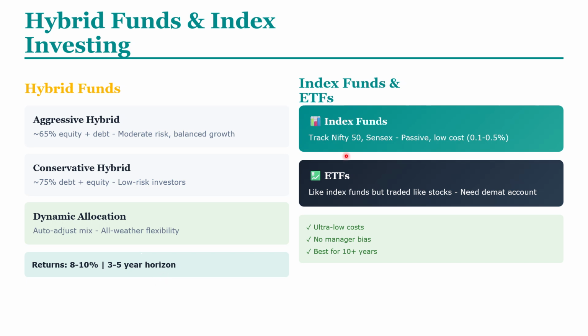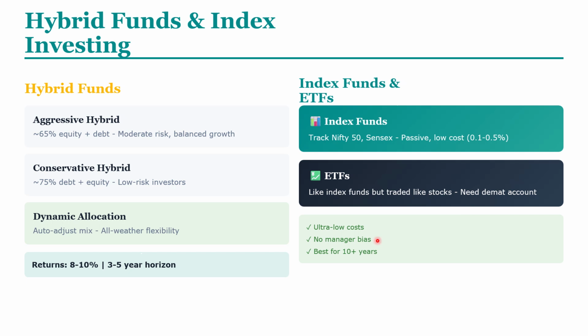Index funds track Nifty 50, Sensex. These are passive funds and also low cost. Here fund managers have very little work, so they may not charge you much. ETFs are like index funds but traded like stocks on the exchanges, and need a demat account.